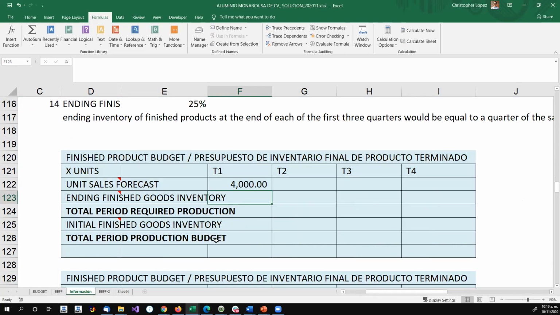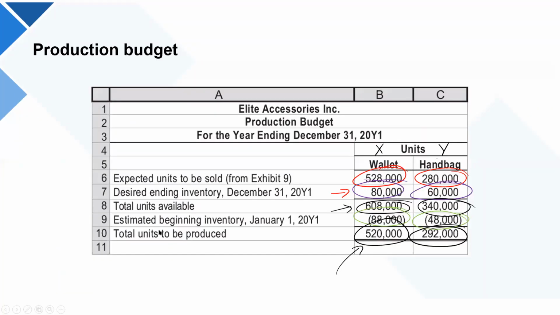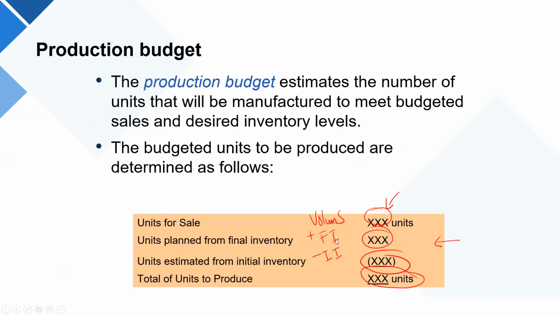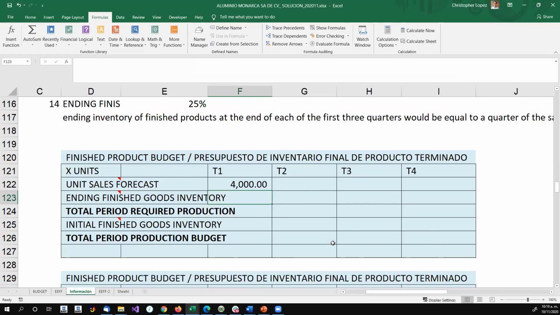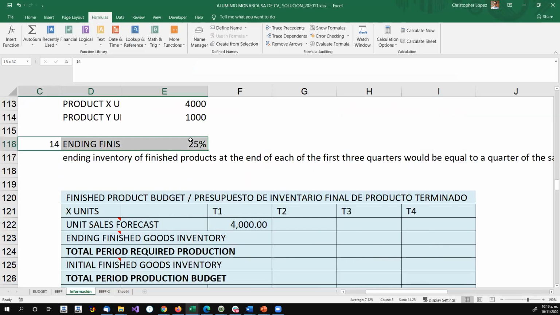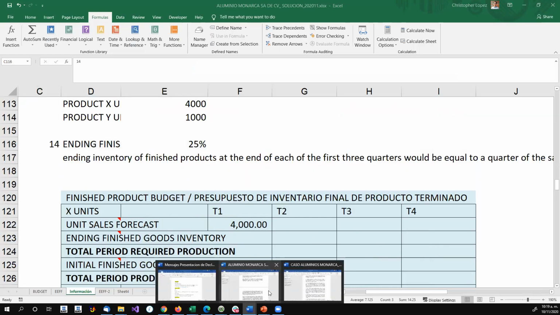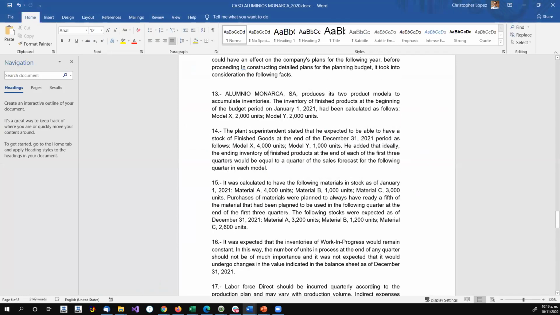Next thing that I need, according to this formula here, is the final inventory I expect to have. And I read the case, and paragraph 14 tells me that ideally the ending inventory of finished products at the end of each of the first 3 quarters will be equal to a quarter of the sales forecast for the following quarter in each model.